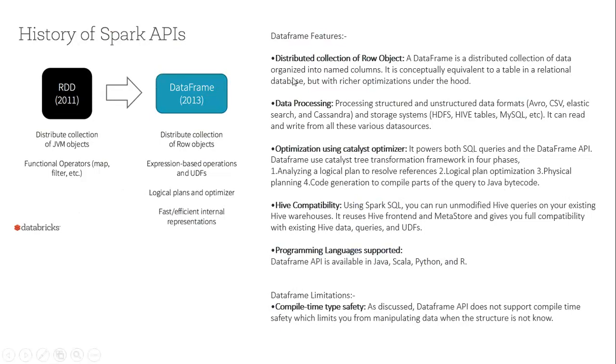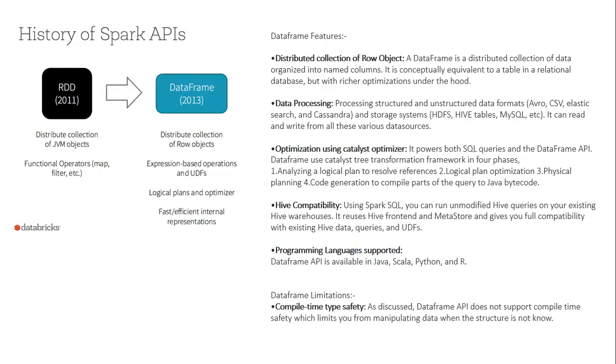So again, this is another level of abstraction. Remember when we went from MapReduce to RDDs, an RDD itself is an abstraction on top of the partitions that are spread across the entire cluster. Now the data frame is another level of abstraction. It is a distributed collection of rows that are organized into columns.